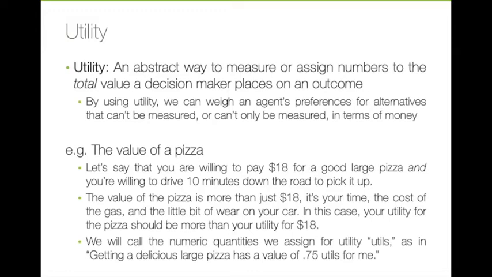In this case, your utility for the pizza should be more than your utility, or the value you place, on the $18. We'll call the numeric quantities we assign for utility sometimes utils, as in getting a delicious large pizza has a value of 0.75 utils for me.